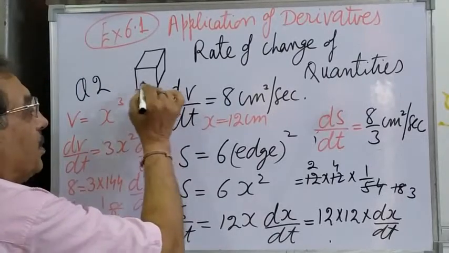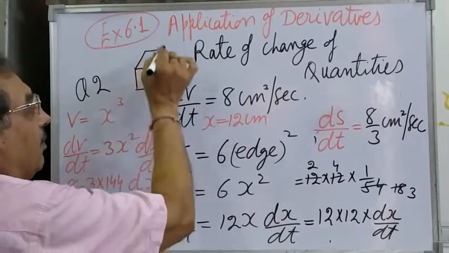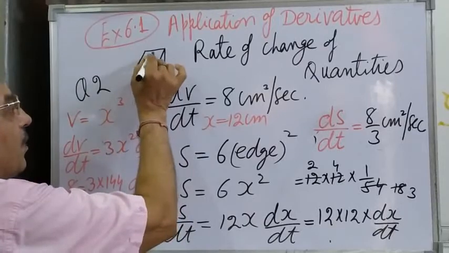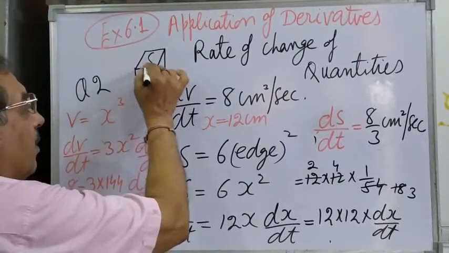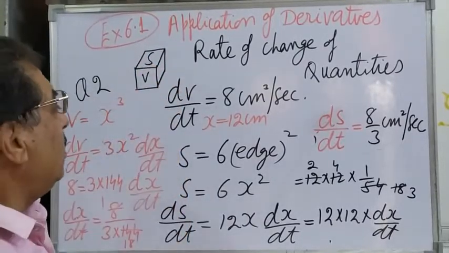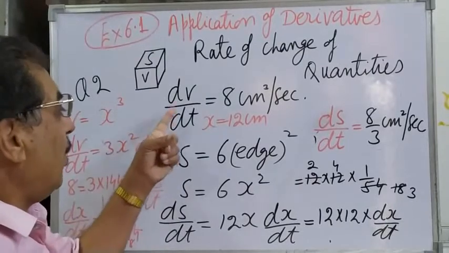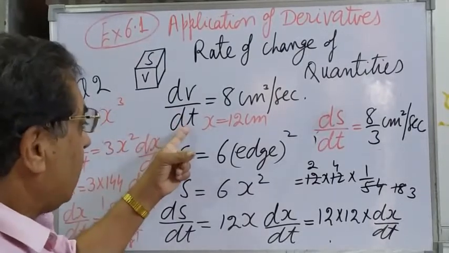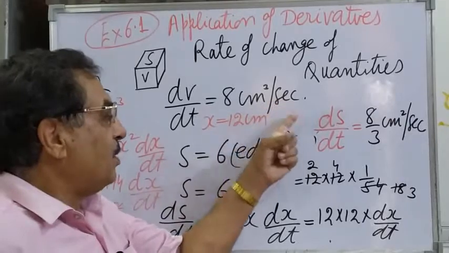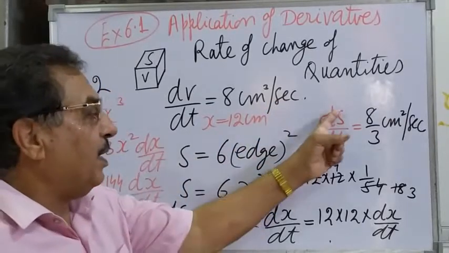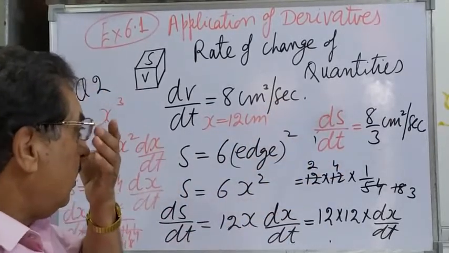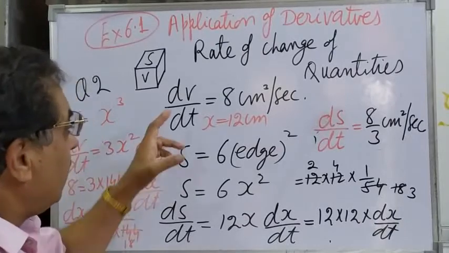A cube has a volume also, and a surface area also. We are given the rate of change of volume with respect to time, 8 centimeter cube per second, and we are supposed to find dS by dt. So what I did, I used dV by dt.